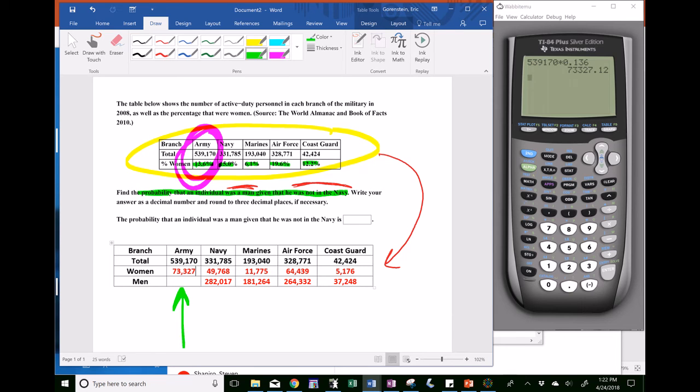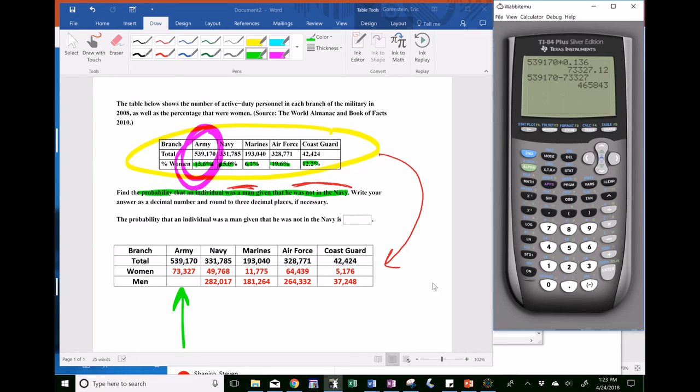And so how many men are there? Well, of the total, take away the women, and whatever's left is the men. We're looking at just men and women in terms of gender here, so only 2 options. So let's take the total, which is 539,170, minus the number of women, 73,327.